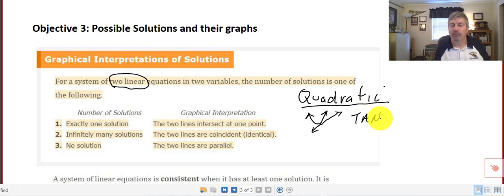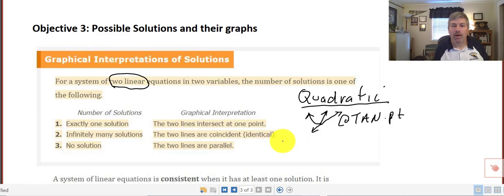Now this, of course, is if we've got a quadratic and a linear equation. If we had two quadratics, we could still have one solution there, but it would be at the tangent point. We can have infinitely many solutions when two lines overlap. We might have that if two quadratics overlap, if they're the exact same quadratic.